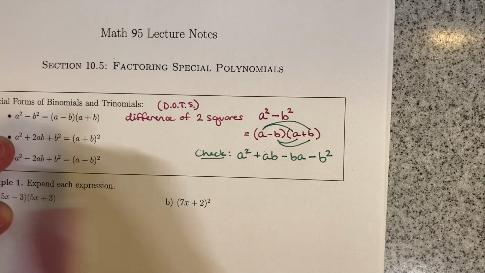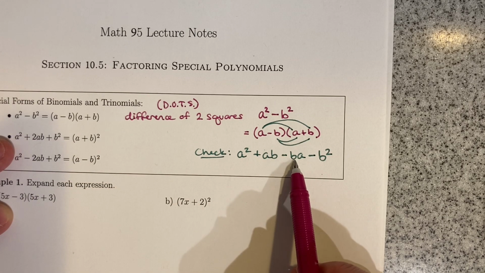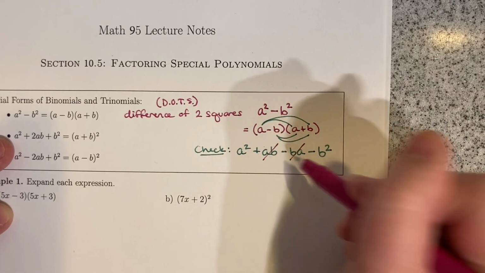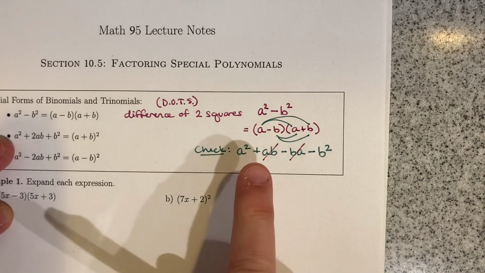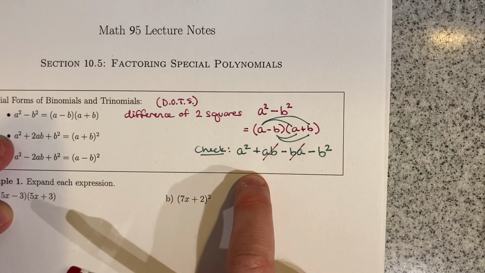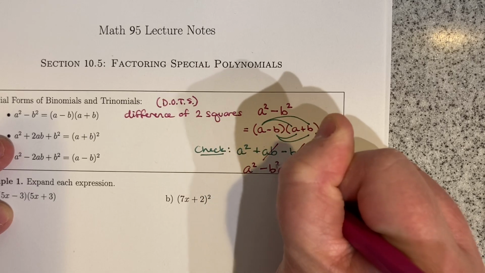Now with multiplication, it doesn't matter what order we multiply in. A times b is the same as b times a, but one's positive, one's negative, so the middle term cancels. That's why it's so important that one's positive, one's negative in the factoring, and also why it only works when it's a squared minus b squared.